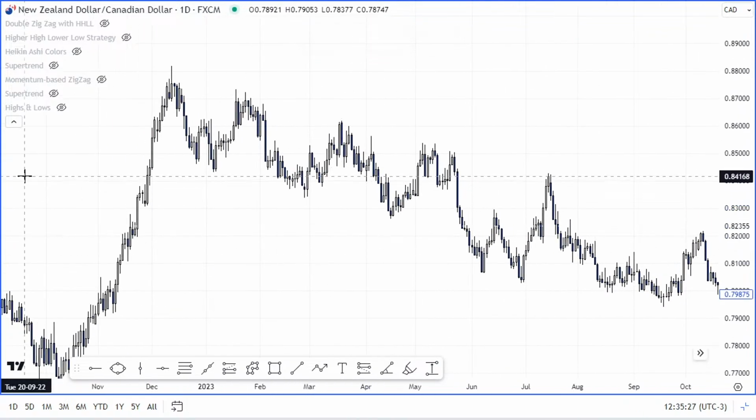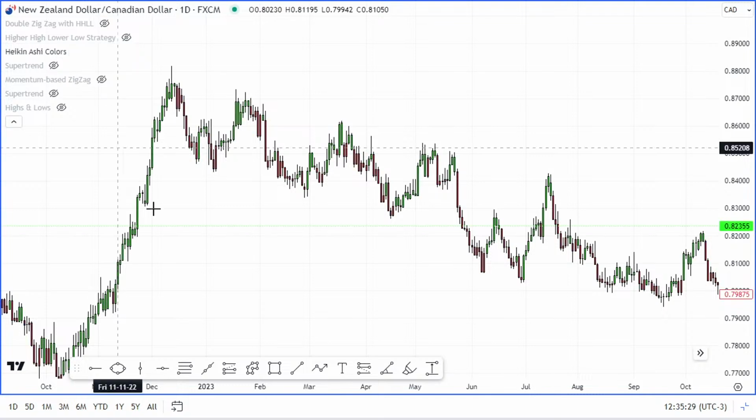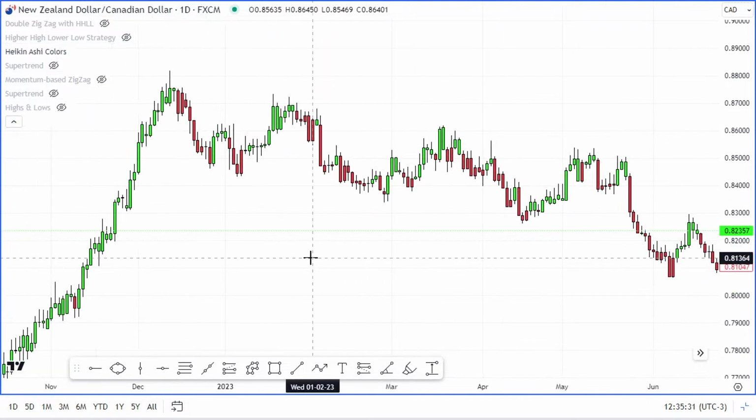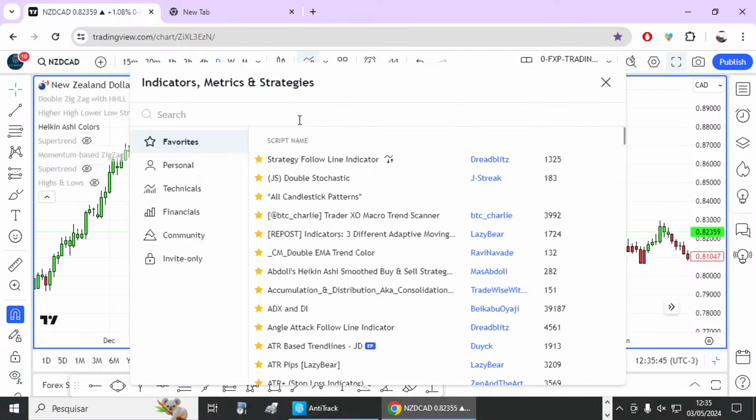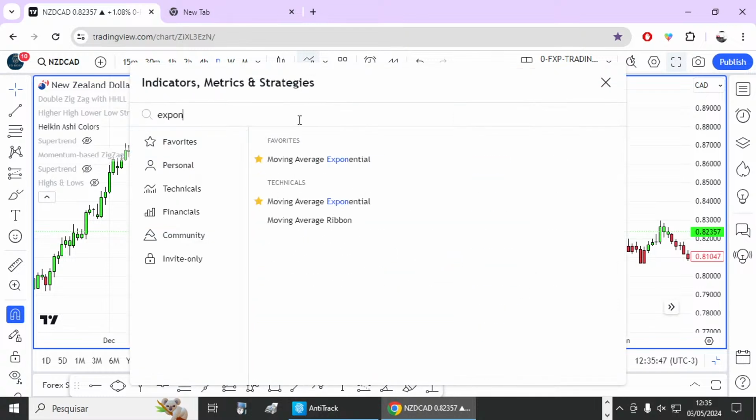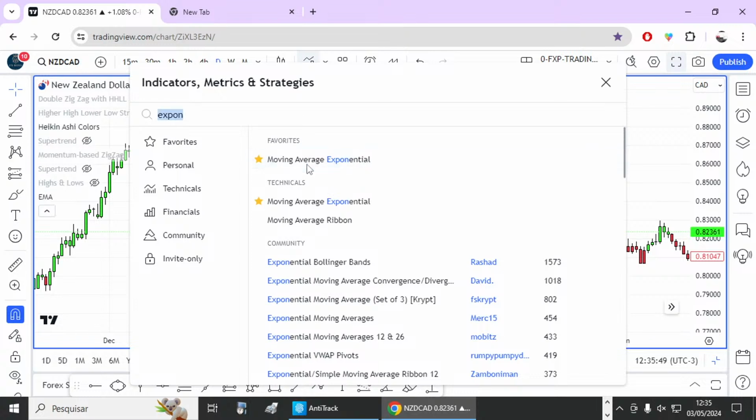So we talked about Heikin Ashi. You have Heikin Ashi colors and double zigzag, Harlow, super trend, zigzag, super trend, no. And let's go to exponential moving average, exponential moving average twice. All right.